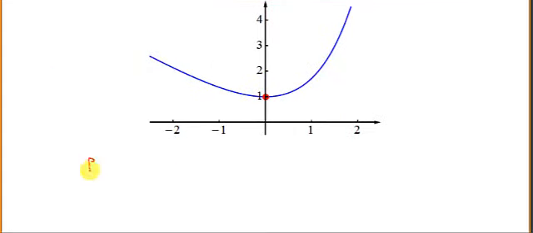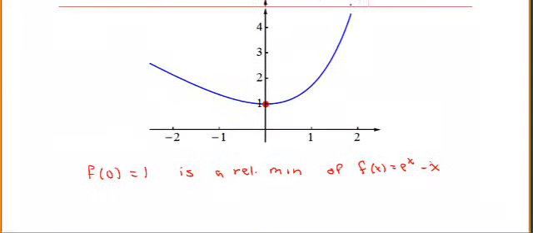So f of 0 equals 1 is a relative minimum of f of x, which is equal to e to the x minus x. So there we have a second example of using the second derivative test.